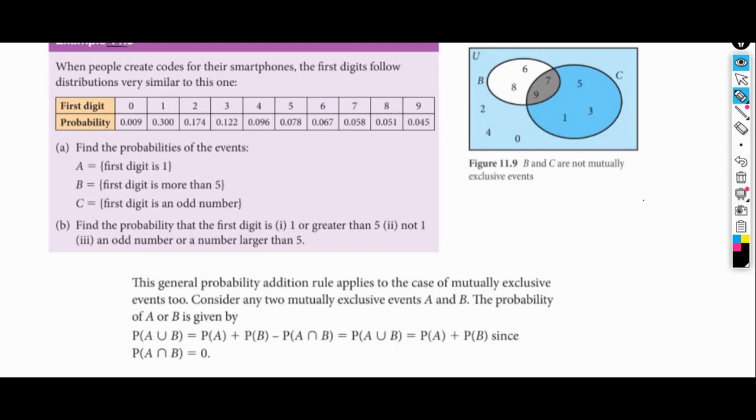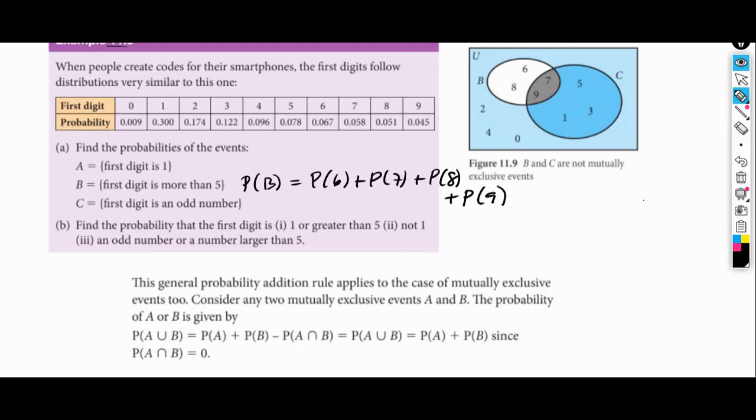So what is the probability of event B? And we said that the probability of event B, which is first digit is more than 5, is equal to the probability that it's 6 plus the probability that it's 7 plus the probability that it's 8 plus the probability that it's 9.